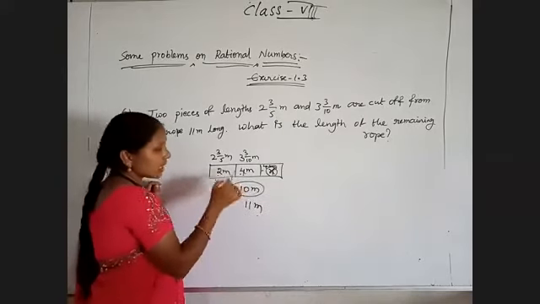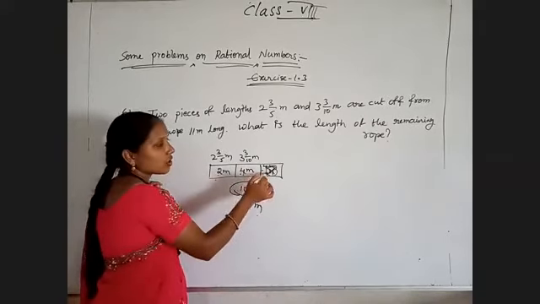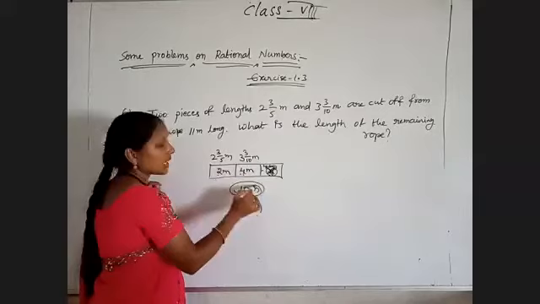Okay. See, we don't know this value. For that, total length of the stick is equal to 10 meters. 2 plus 6 plus 4 is equal to 10.